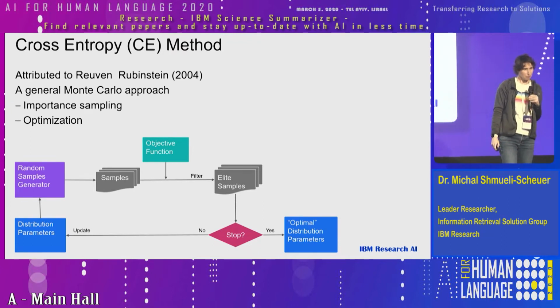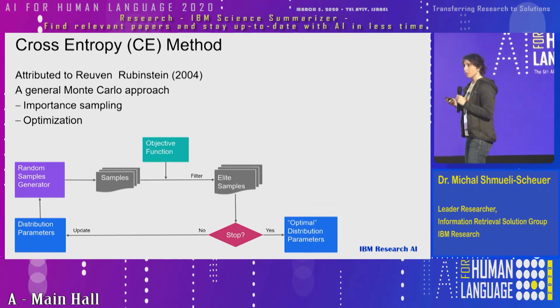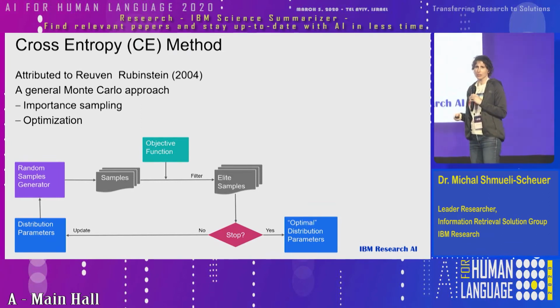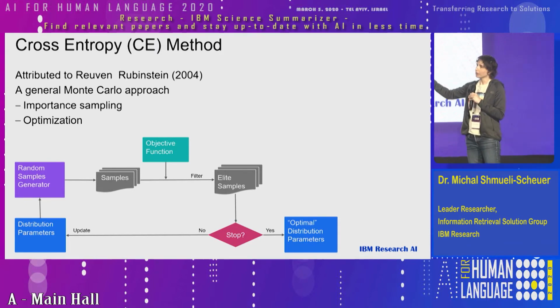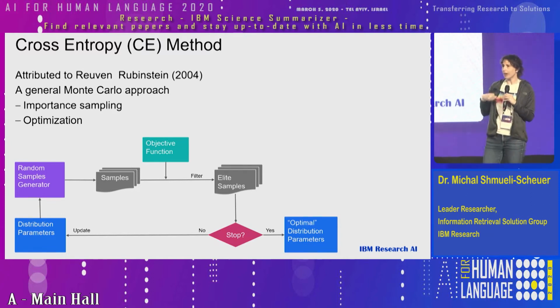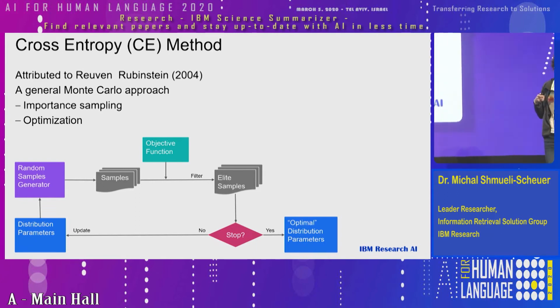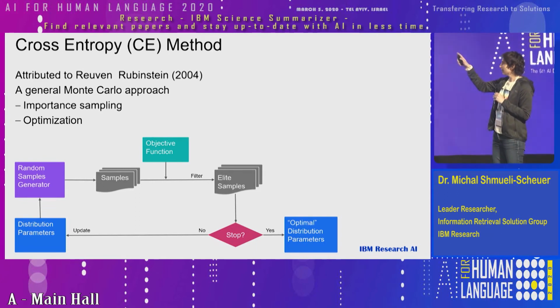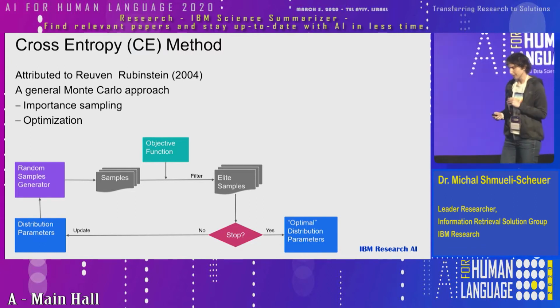But now we want to update the distribution, because we already have some elite samples, so we know that there are some text units that are better than the others. So now, instead of a uniform distribution, the probability is higher for those that were already shown to be good, and we keep doing this iteration until we converge to some good result.